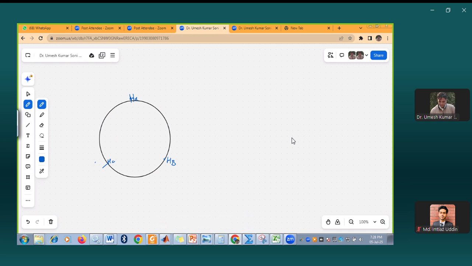Okay, so here the range of the center of the phase A is phase A axis and the center of HA, and this one is total minus 90 degree, and this is 0 degree.